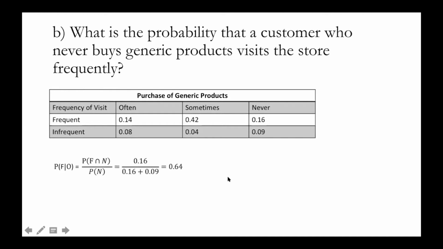So then the probability of being a frequent customer conditioned on never buying generic products will be the intersection of being a frequent customer and never buying generic products divided by the probability of never buying generic products.